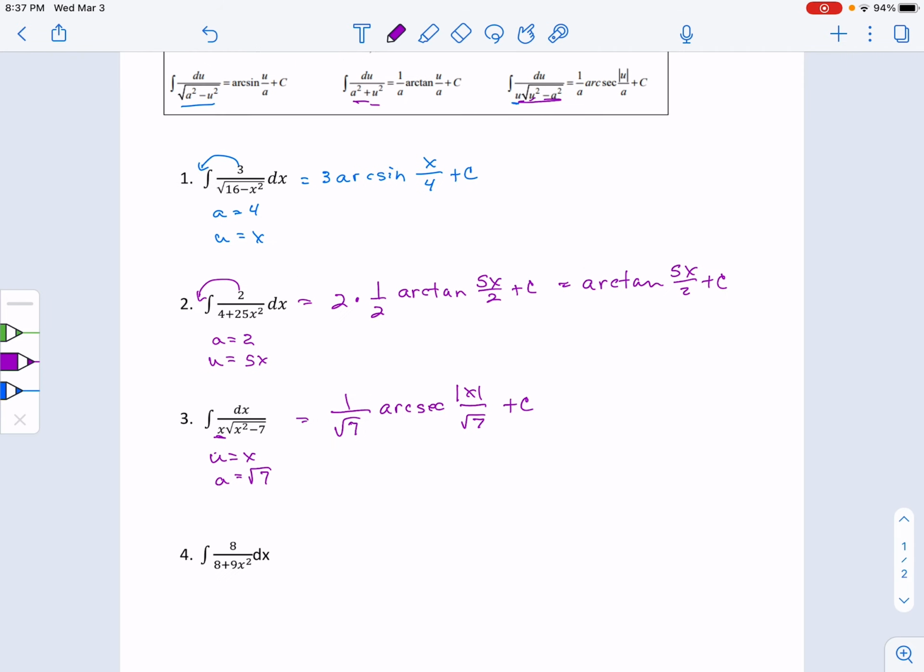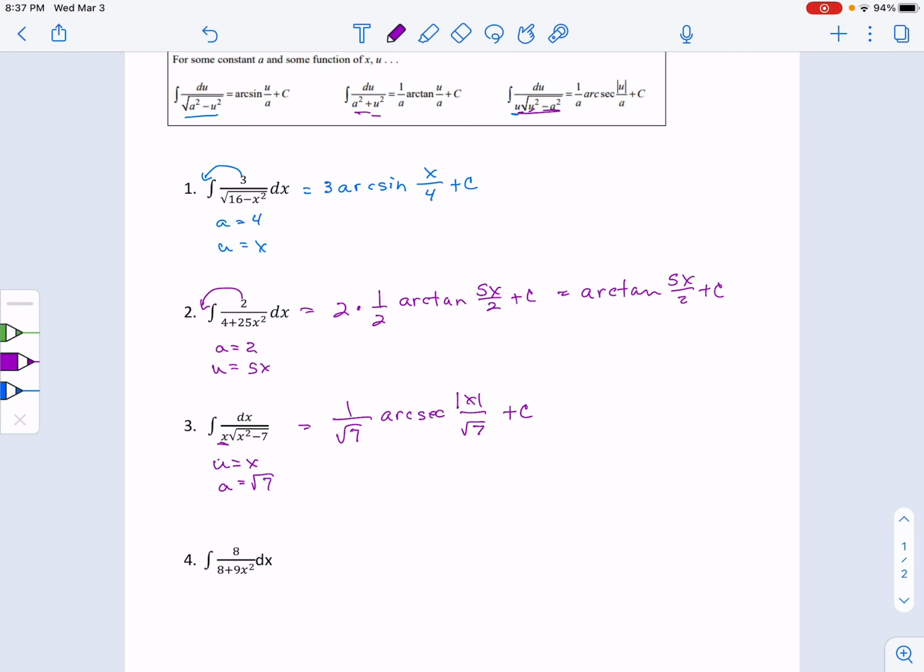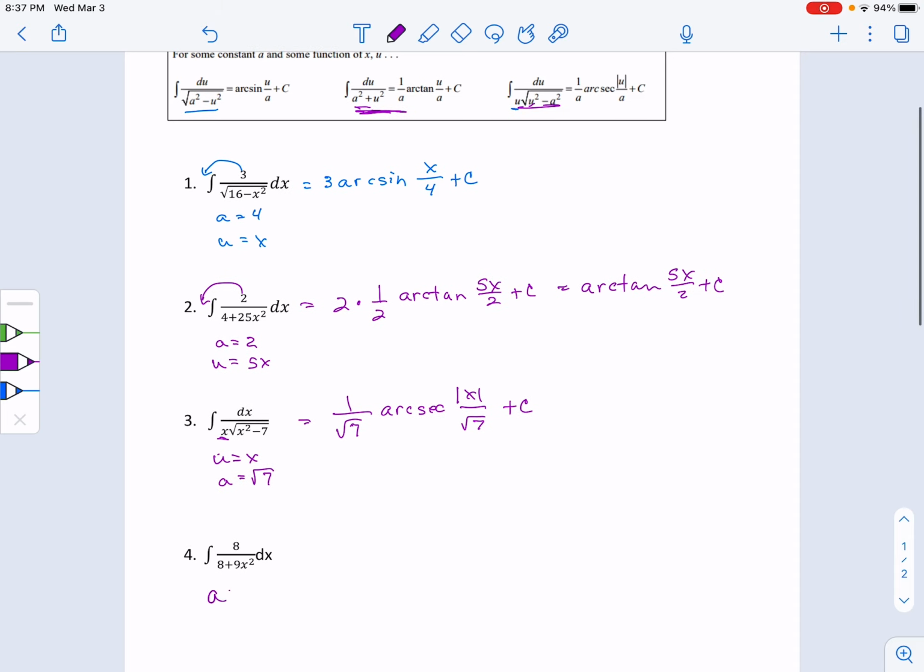All right, this one's a little more difficult. You have to recognize it's not a natural log. You're not going to let u equal 8 plus 9x squared. It follows the pattern for arctangent. a would equal the square root of 8, and u would equal 3x.